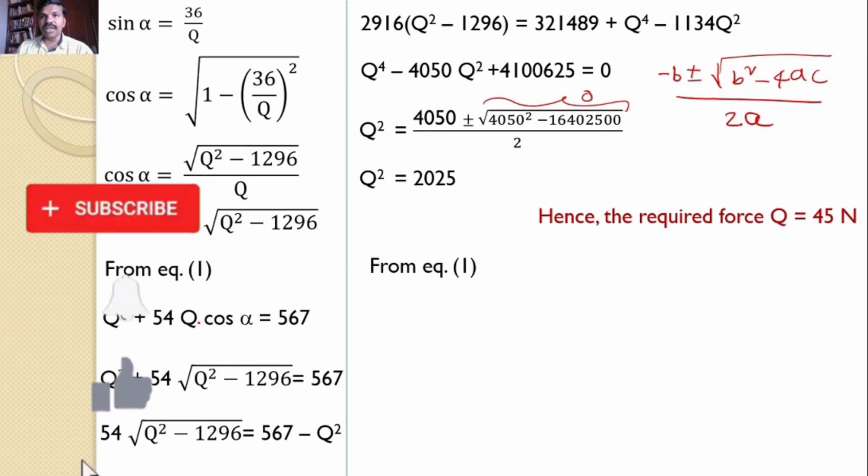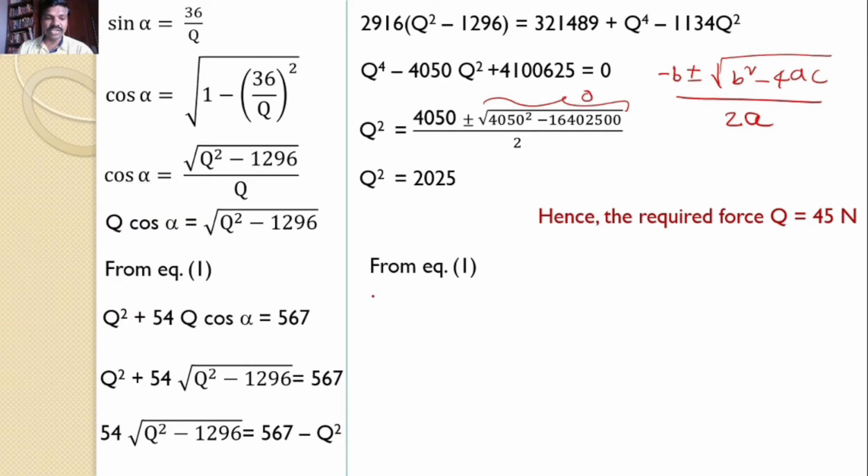Similarly, we also are required to find the value of gamma. To find the value of gamma, let us go back to our equation 1. What is that equation 1? Q square plus 54Q into cos alpha is equal to 567. I can substitute Q now into this equation.